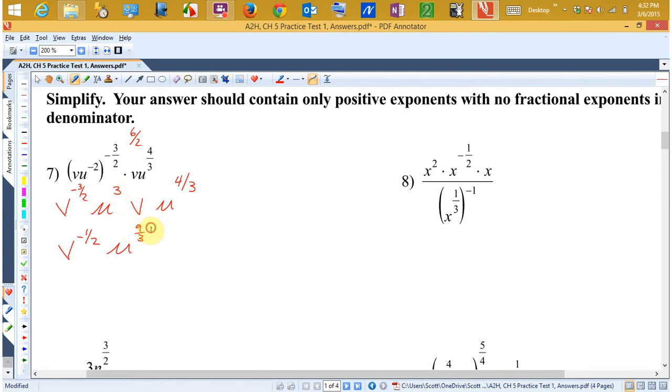So 9/3 plus 4/3. So that's going to give me u to the 13/3, all over v to the 1/2. Okay, now I can't have this 1/2 in the denominator because that's really the square root of v, so I'm going to have to do something.